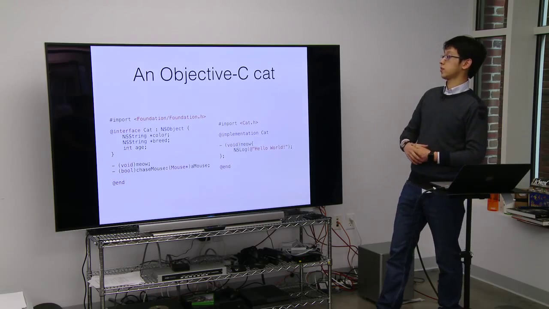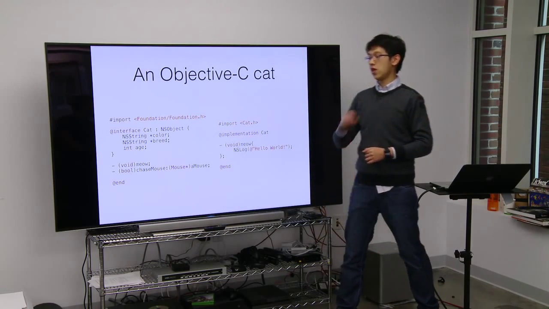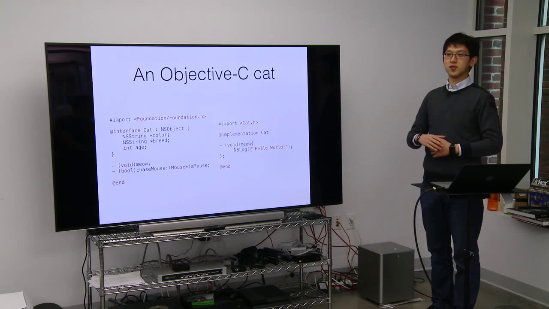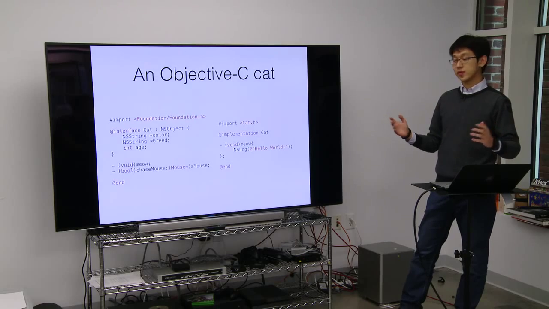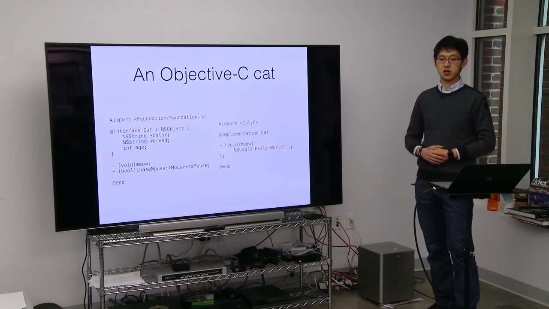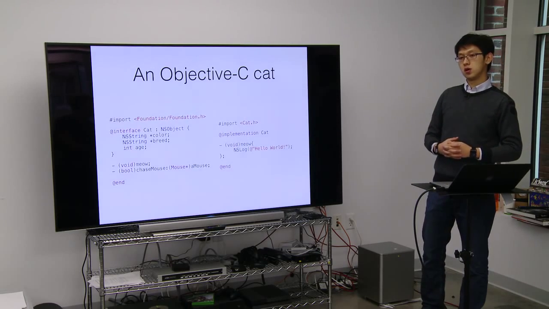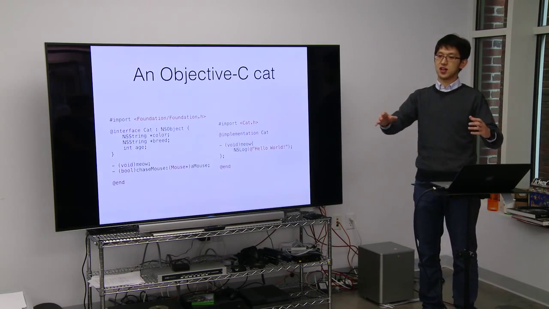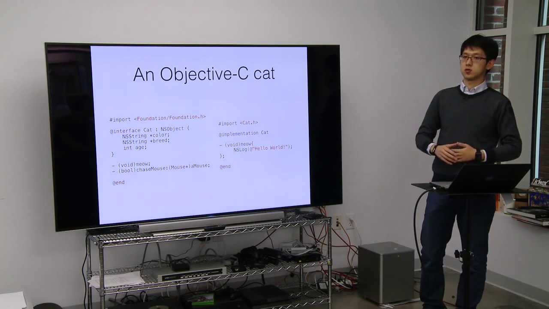In addition to that, we define color, breed, and age, three variables. That actually looks like something you have done before. It looks like a struct. That is basically the syntax for struct declaration, and that is totally correct. And as I mentioned before, one of the fundamental differences between a struct and an object is that the object has methods, while a struct only has variables.